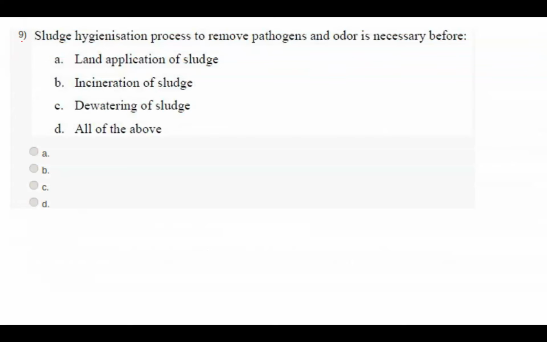So next question. Sludge hygienization is the process to remove pathogens and odor and is necessary before land application of sludge, incineration of sludge, dewatering of sludge, all of the above.